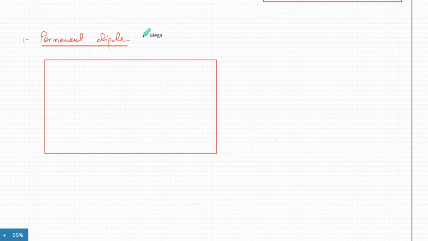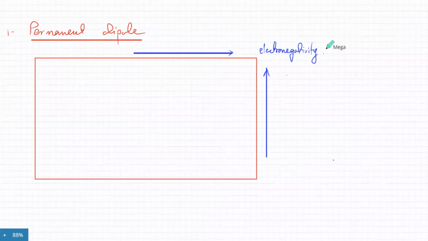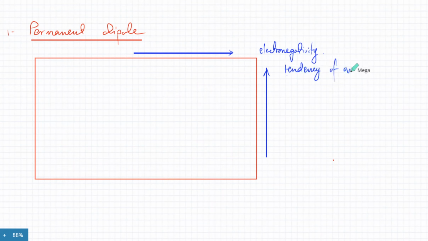Electronegativity increases to the right and to the top. It means it's the tendency for an atom to attract a shared pair of electrons, or simply of an atom to gain electrons.